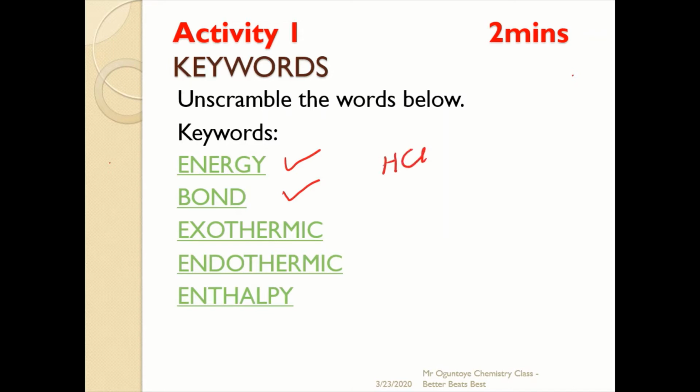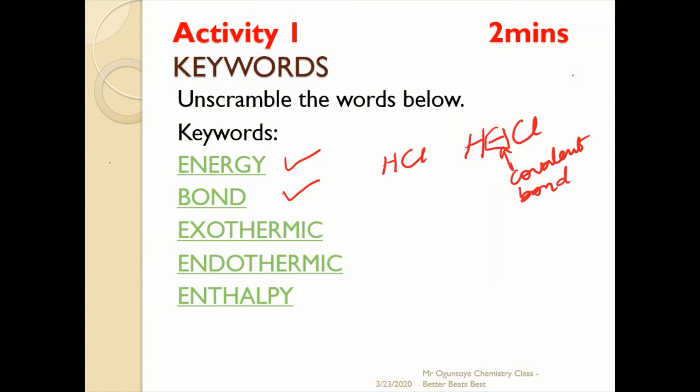There's a bond between hydrogen and chlorine. Of course, you know this is a covalent bond. If you have forgotten, try to recall the formation of covalent bonds. So this is what we call a bond, and a bond is usually represented by a hyphen.